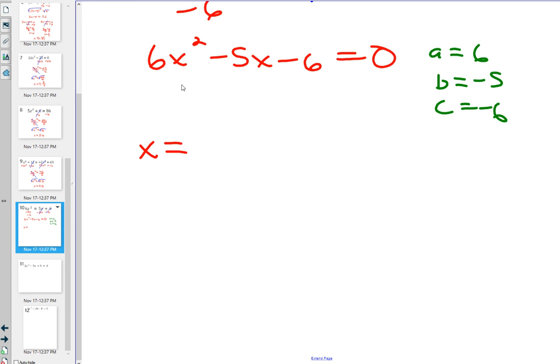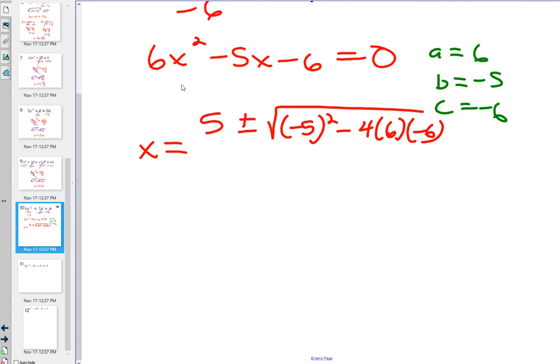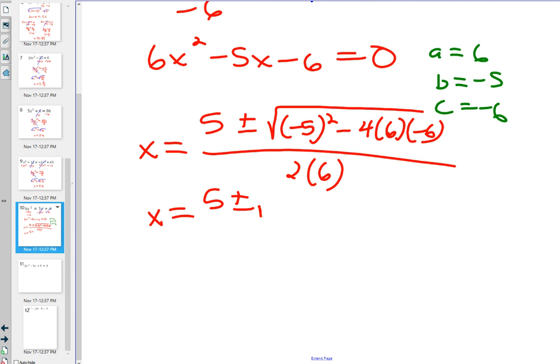X is equal to, if b is negative 5, what is negative b? Yeah, it's going to be positive 5 plus or minus the square root of negative 5 squared. Minus 4 times 6 times negative 6, that's negative 144. So 5 plus or minus the square root of.